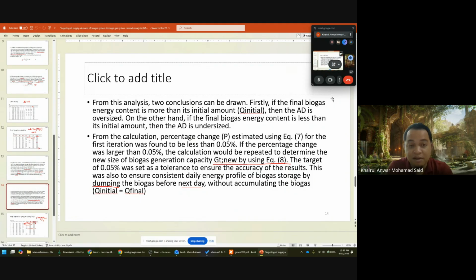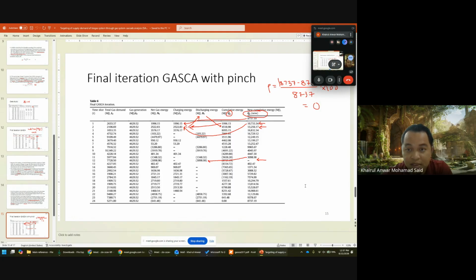The target of 0.5% was set as a tolerance to ensure accuracy of the result. It was also to ensure consistent daily energy profile of biogas storage by dumping the biogas before the next day without accumulating the biogas.